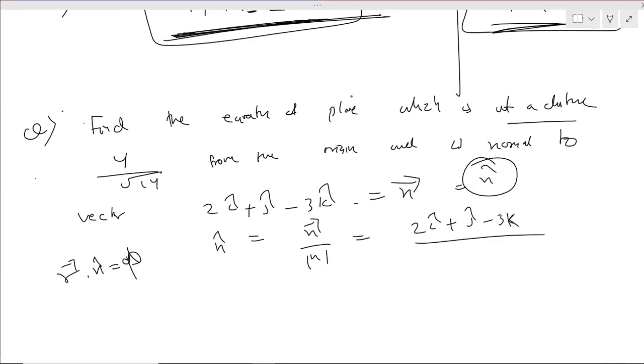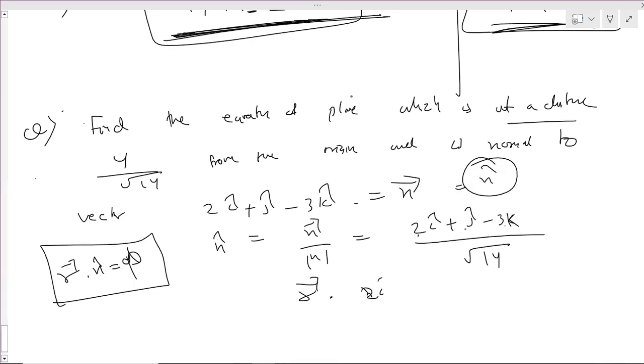So here this mod is 4 plus 1 plus 9, 14, under root 14. So we have to use r dot n cap, 2i plus j minus 3k upon root 14, equals to p, right? Yes, sir. So 1 upon root 14, 4 upon root 14.